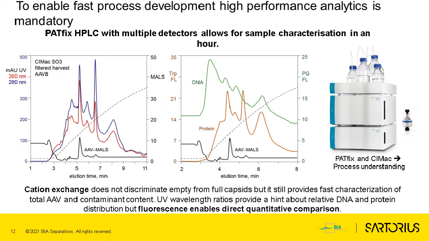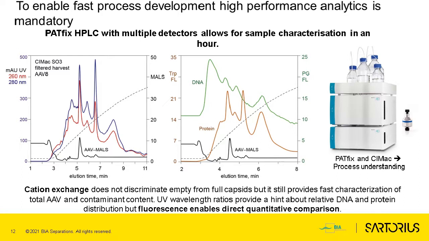When we get a known sample from our customer, if it's AAV, we usually run this sample on the cation exchanger in a linear gradient, so we would get quite a number of peaks, and we would not know which of these peaks would be the AAV, the product. So if you have a MALS detector, usually the biggest MALS signal would be due to the AAV scattering.